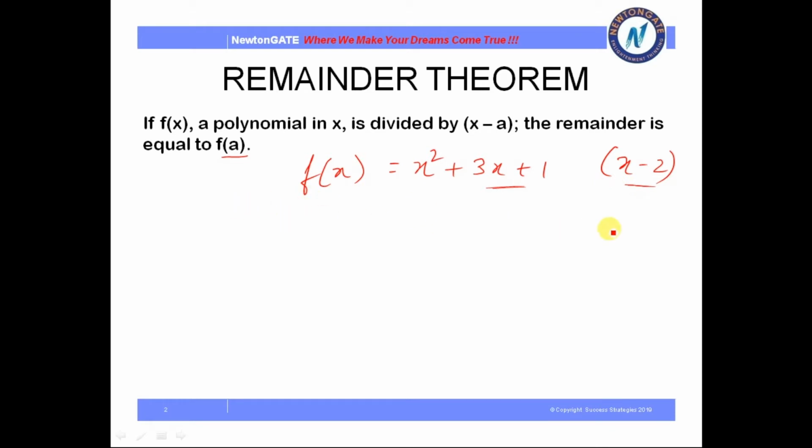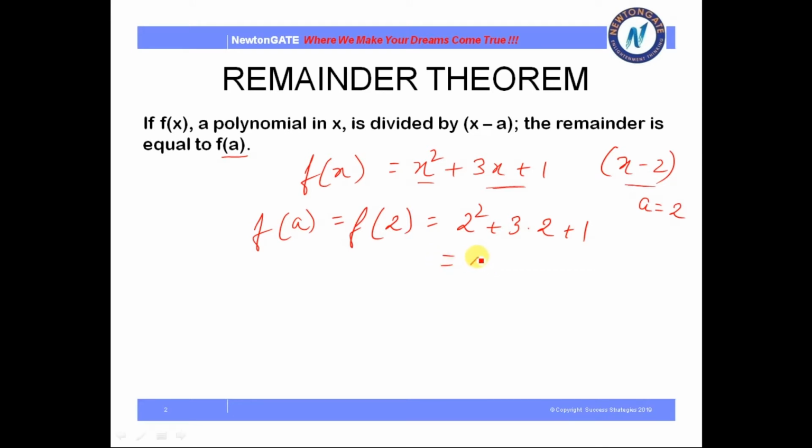So what do we do? In x minus 2, a is equal to 2. So f of a, that is f of 2, is equal to what? We put the value of a, that is 2, in x. So we write 2 squared plus 3 into 2 plus 1.